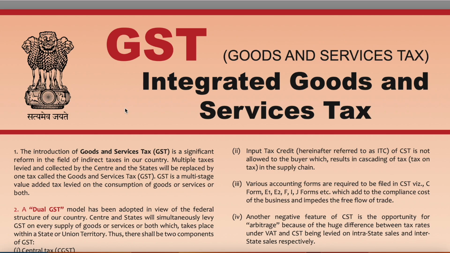In Pakistan, there is the federal government and there are the provincial governments. In India, the federal government is called the central government and the provincial governments are called the state governments or union territories. So today it's an introduction.